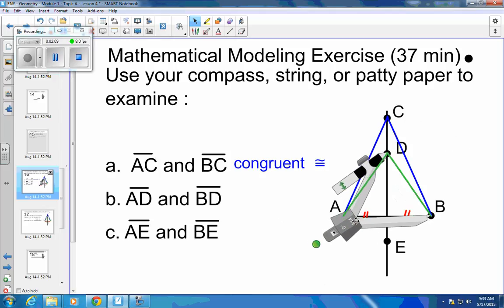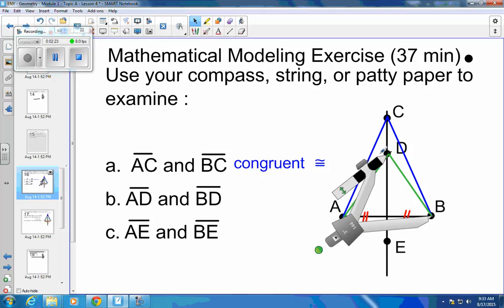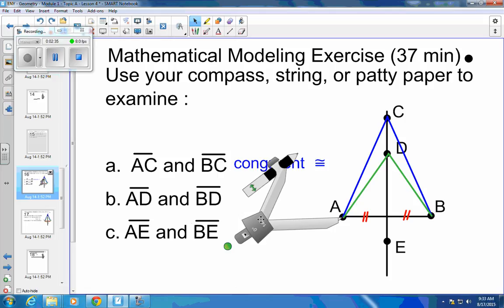And am I not quite where I need to be? Oops. Order, send to front. There we go. Now I can move it. There's the center of that. And move this across and put it in the center here.